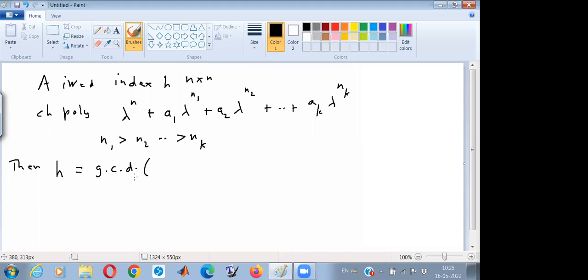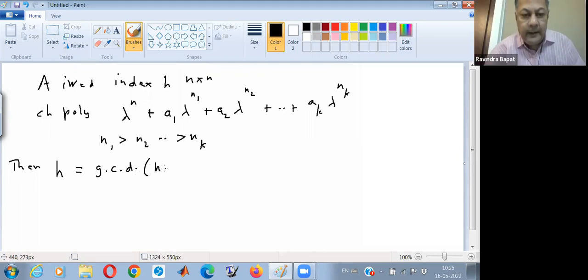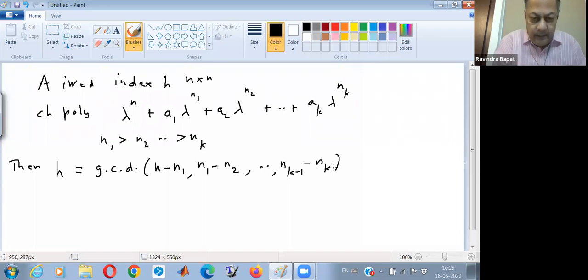So you take the GCD of n minus n1, n1 minus n2, because these are a decreasing sequence and these numbers are positive, n1 minus n2, up to n(k-1) minus nk. And that turns out to be also the index of imprimitivity. So as you can see, this has some similarity with the earlier definition. There it was the GCD of cycle lengths.